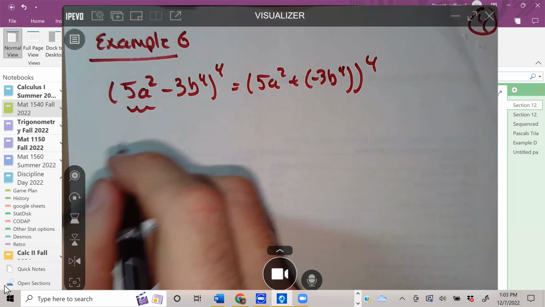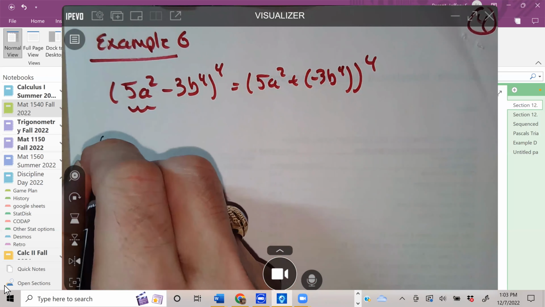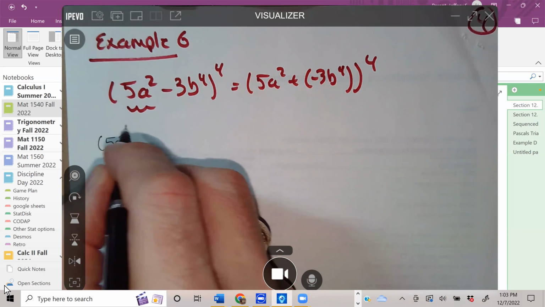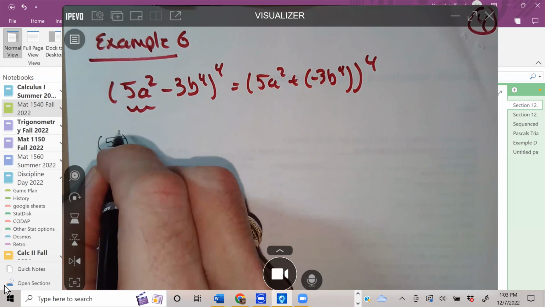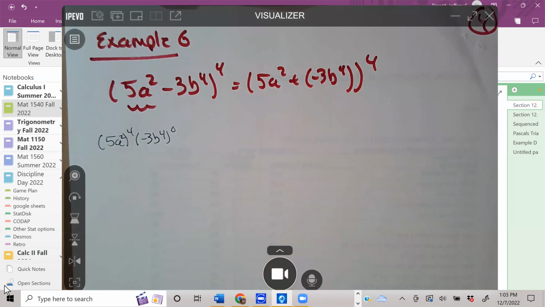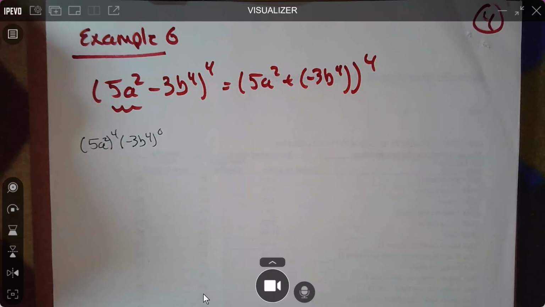So let's do it this way. Does that show up okay? Can you see that clear enough? Let me make that a little bit bigger.